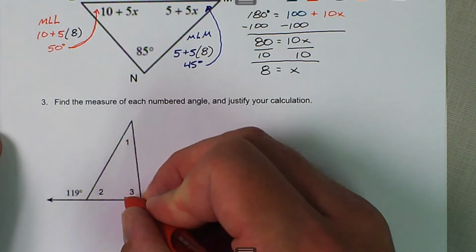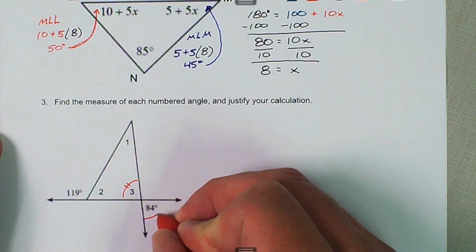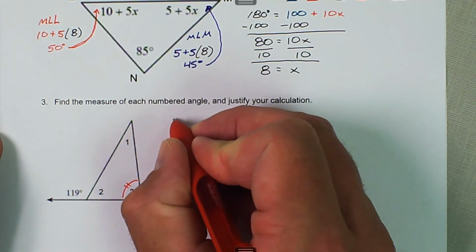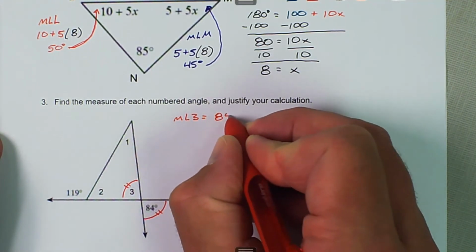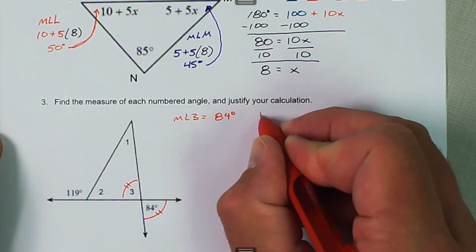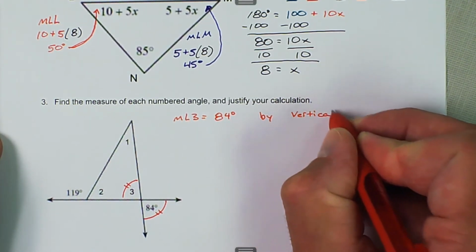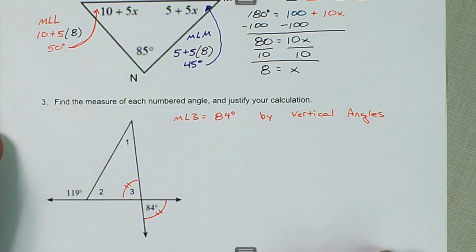So the easiest one in my mind is I know that the measure of angle 3 is 84 degrees because of vertical angles. So the measure of angle 3 is equal to 84 degrees, and that's by vertical angles. Because vertical angles are congruent.